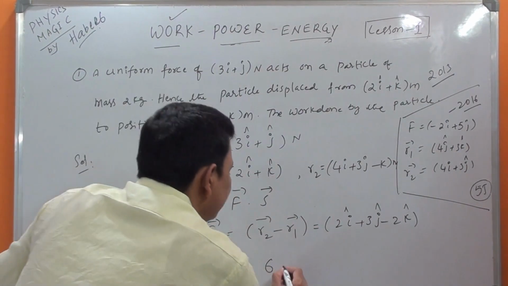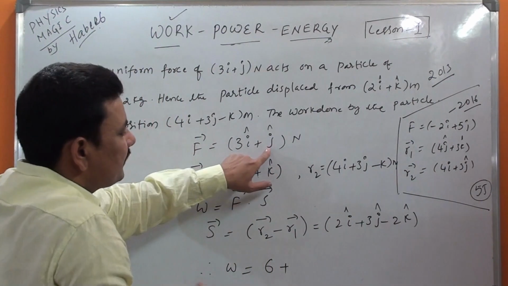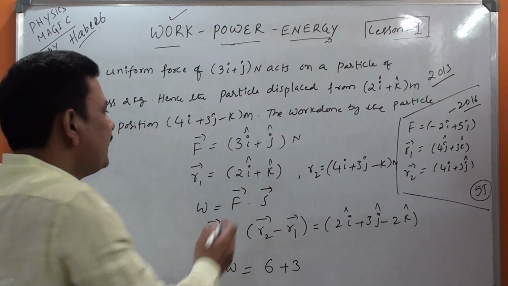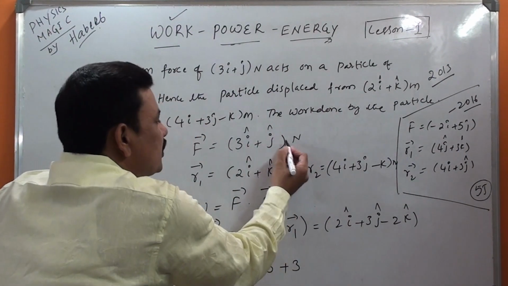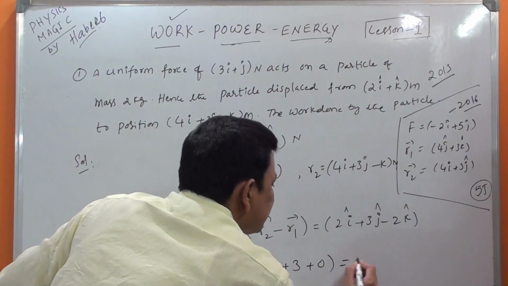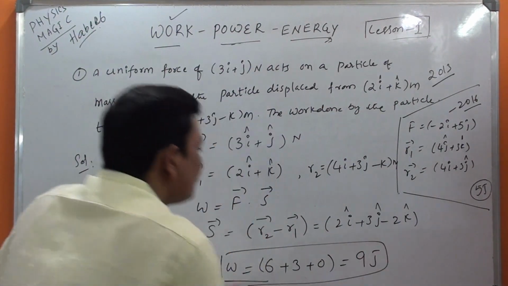There you will be getting plus 1 here and here 3. 1 into 3, then it is 3. Then k is not there, so 0 here. 0 into something becomes 0. So it is equal to 9 joule. Simple. This is how we have to do.